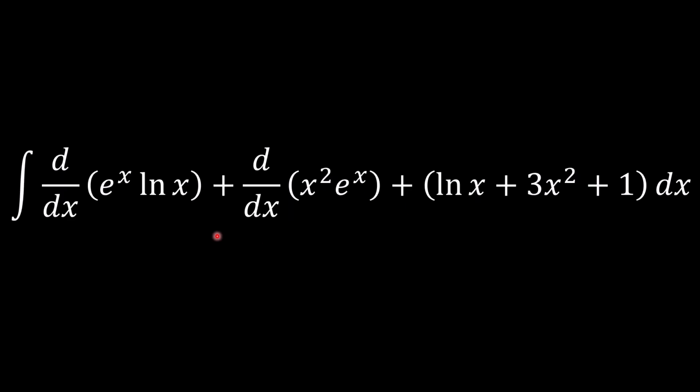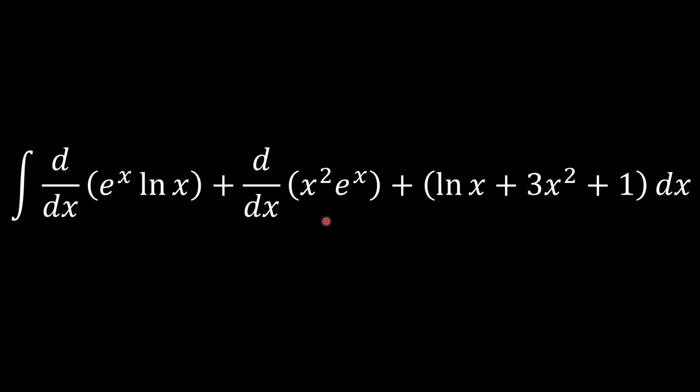And so using the product rule of differentiation, we could now bunch the e to the power x times natural logarithm of x plus the derivative of natural logarithm of x with respect to x times e to the power x. So this is the same as the derivative of e to the power x times natural logarithm of x.